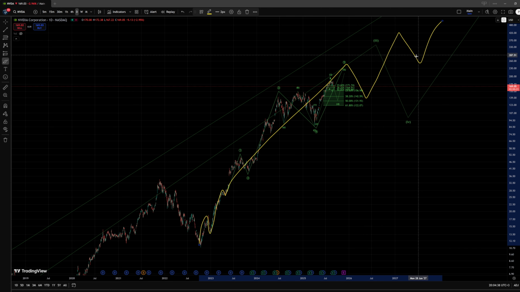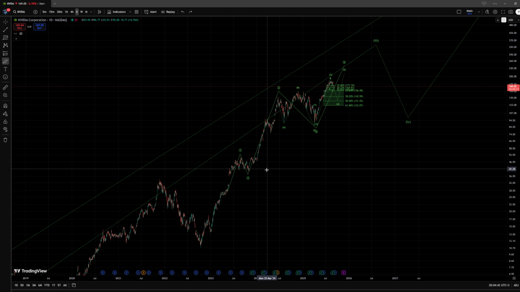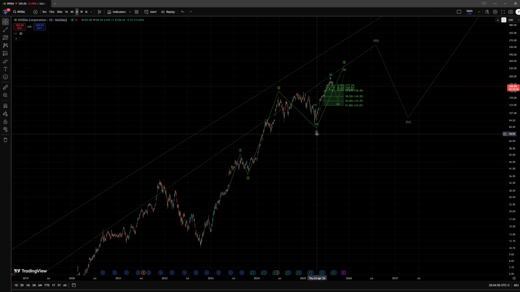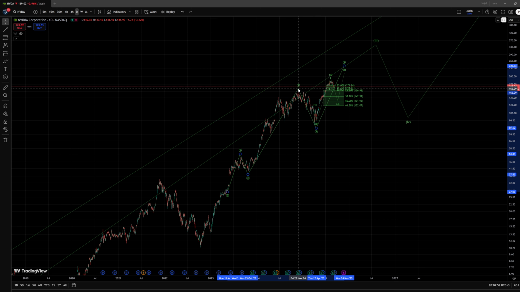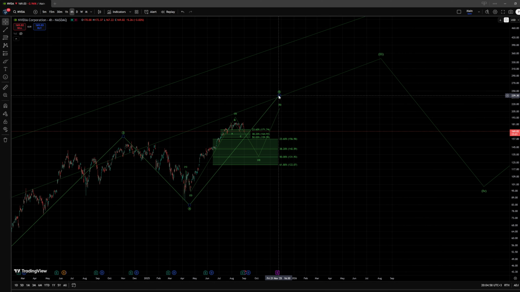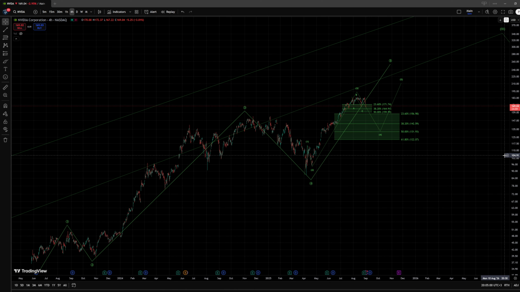Could be just an additional single 4-5 pattern. Multiple ways to count this, so we aren't going to focus too much on that, and not even on the smaller structure here within this wave 4. The third wave could have really topped here, it doesn't matter at all anymore. And right now we are tracking, as I said, this fifth wave that is developing to the upside.